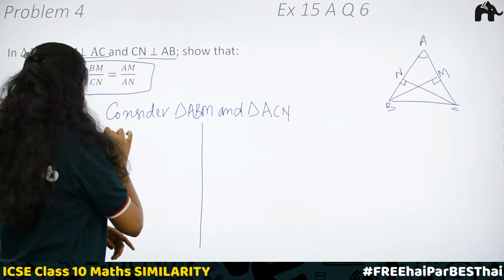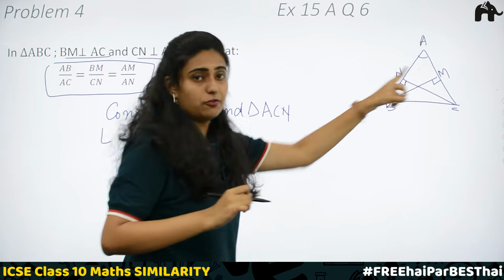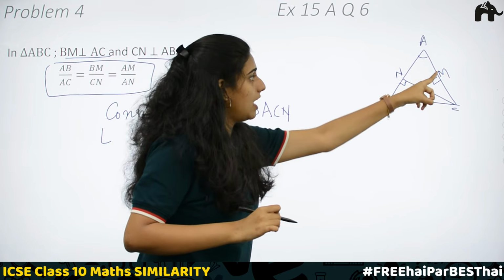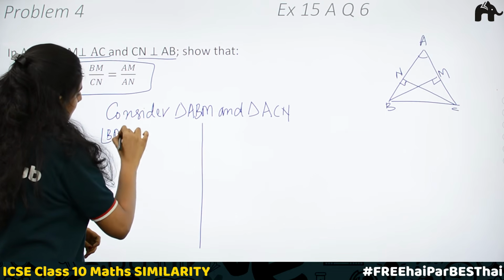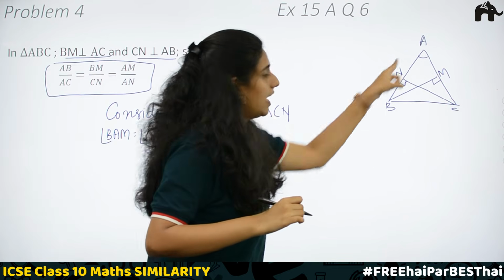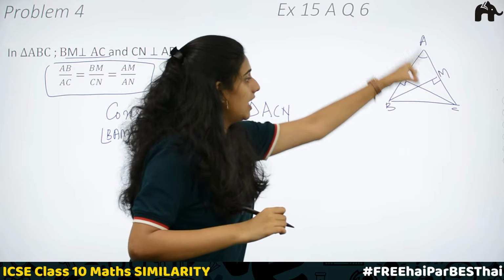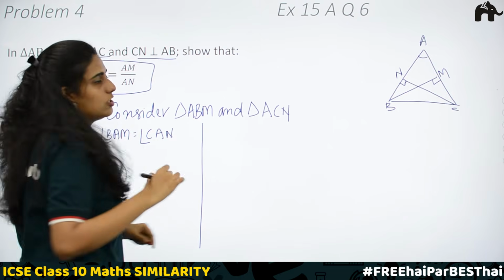Therefore, we can write angle BAM from triangle BAM equal to angle CAN of triangle ACN. What is the reason?